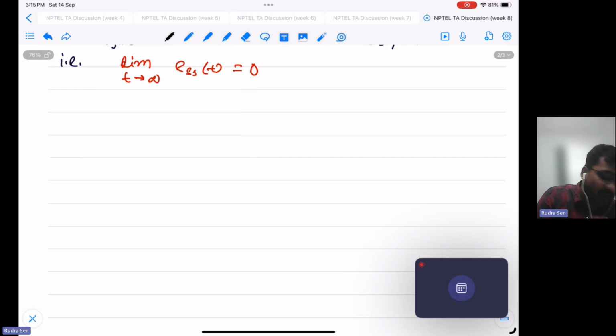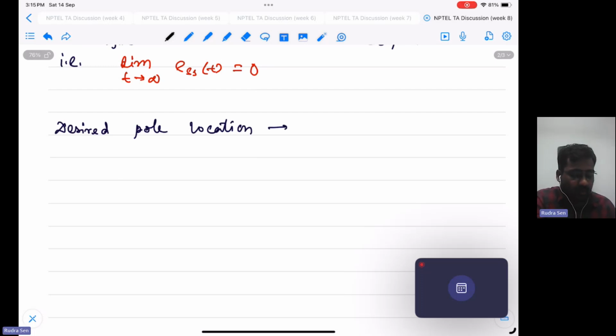And similarly, the designer has provided some specification, that the desired pole location is s equals -1, -2.